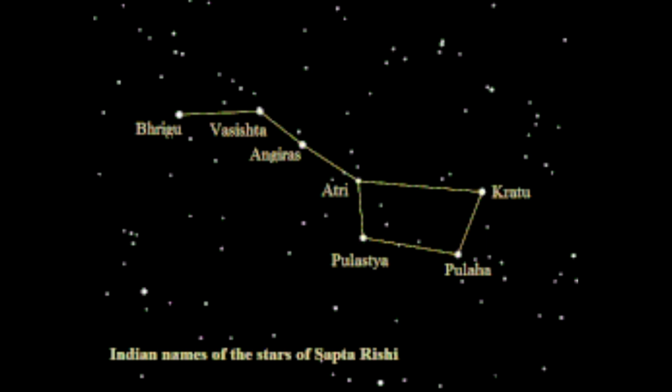In India we call this constellation Saptarshi. Why? There are 7 stars, so we call it Saptarshi. Sapta means 7.